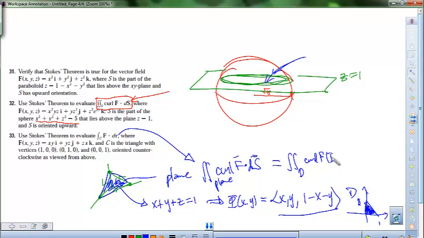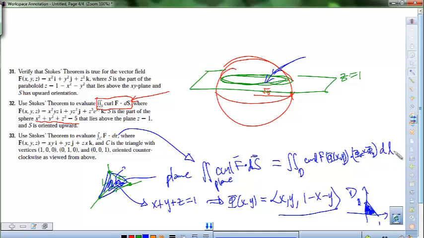So the curl of F is just another vector field. You evaluate that parameterization and then you dot it with a normal vector. A normal vector would be coming out this way. You can also figure that out based on your parameterization, and one way to do that is to find the normal vectors.